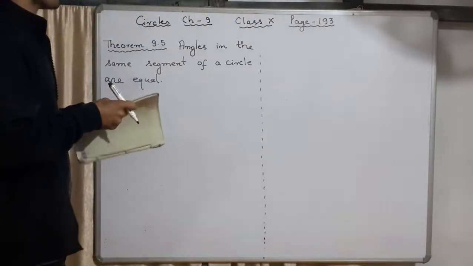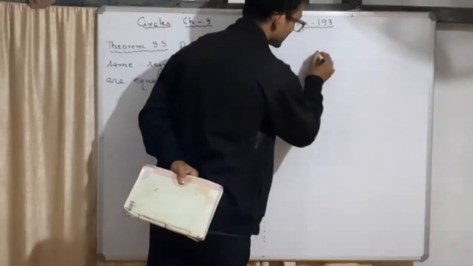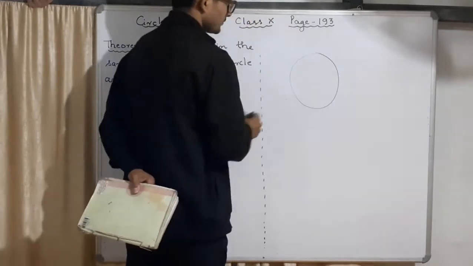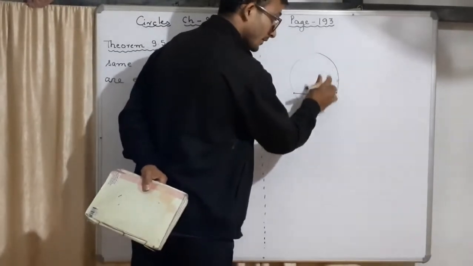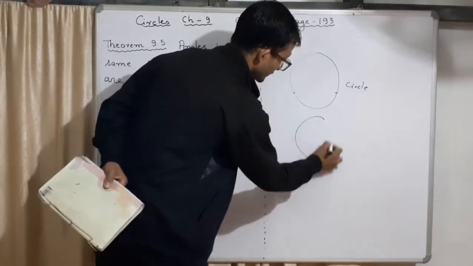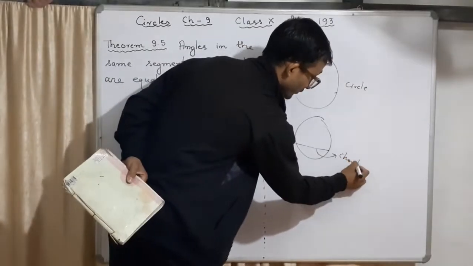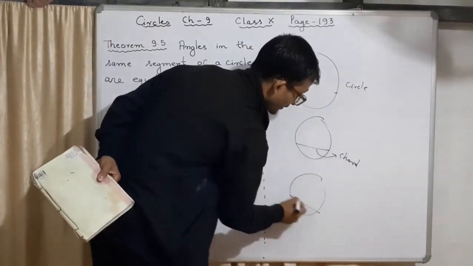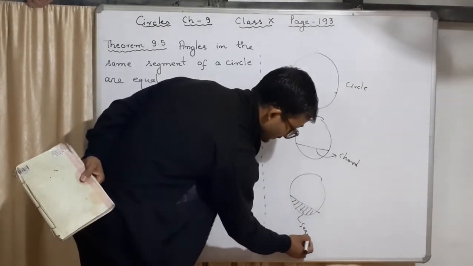What is segment? What is circle? You have to know, then you will know everything. Circle, chord, this is circle. Okay, this is called circle. This line is called chord, and this space is called segment.